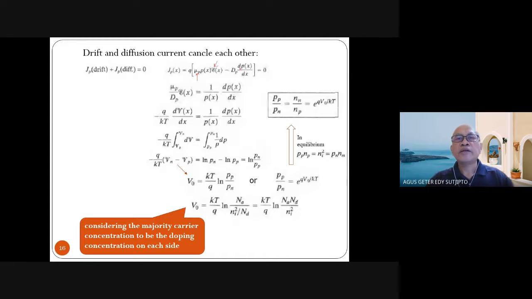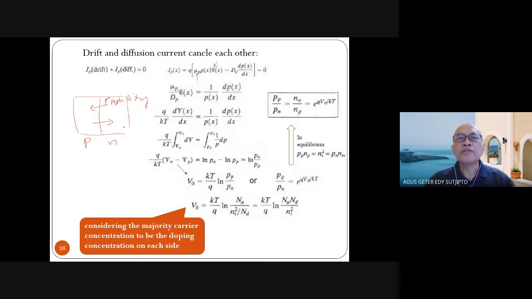Again, an illustration: this is P and this is N. The mobility is the mobility of a hole, from the right to the left. But the diffusivity of the hole is from the left to the right.